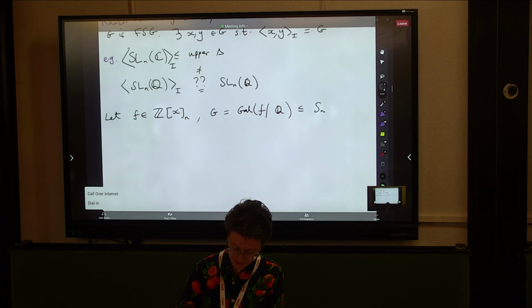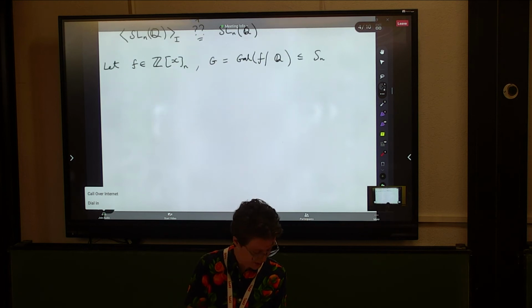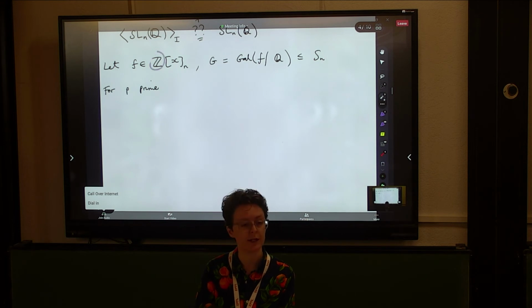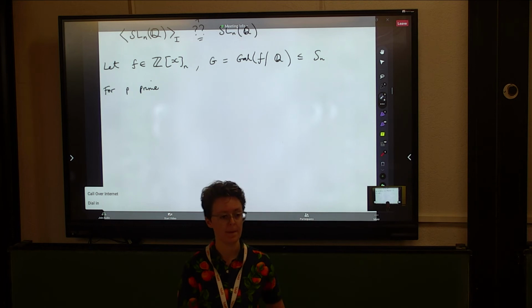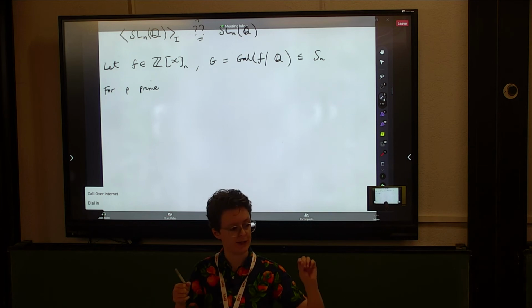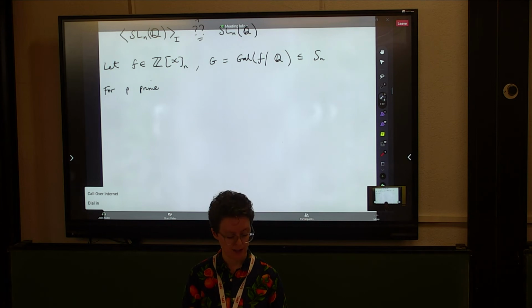But first we need to notice something, which is that, okay, if you take a prime, because all of these coefficients are in Z, we're able to look at them modulo p. And so then you get a new polynomial modulo p, and you can factorize it and look at the degrees of the irreducible factors. The sum of those degrees will be n, and so what you've actually done is get a partition of n.